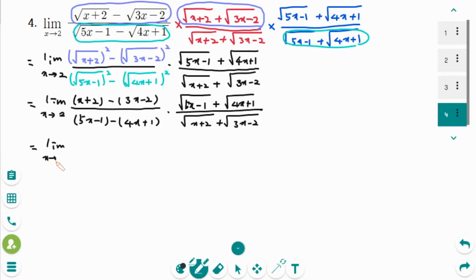Limit as x approaches 2, then expand x plus 2 minus 3x plus 2 over 5x minus 1 and minus 4x minus 1, and keep the second one.